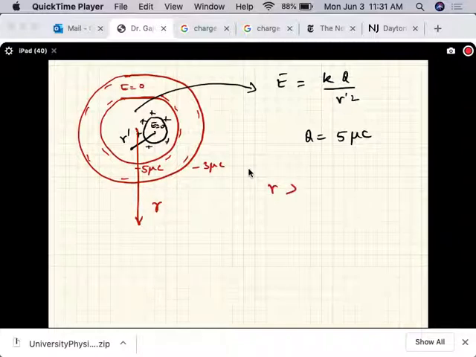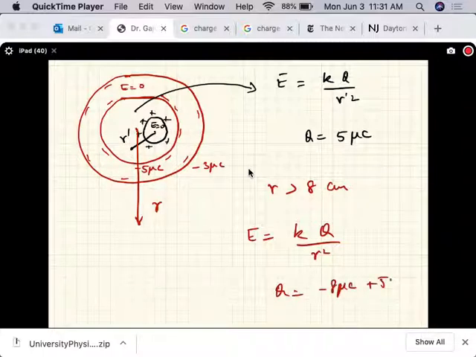For r greater than 8 centimeters, the electric field is kq divided by r squared, and q is minus 8 microcoulomb plus 5 microcoulomb, which is minus 3 microcoulomb. Once you're outside the shell, it doesn't matter what's happening inside. All that is shielded from you. The electric field is just due to this minus 3 microcoulomb that's evenly distributed outside.